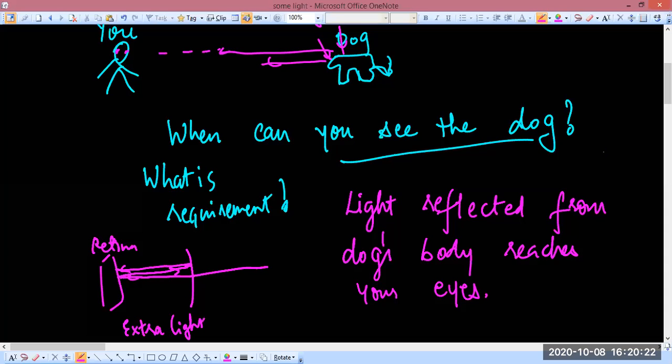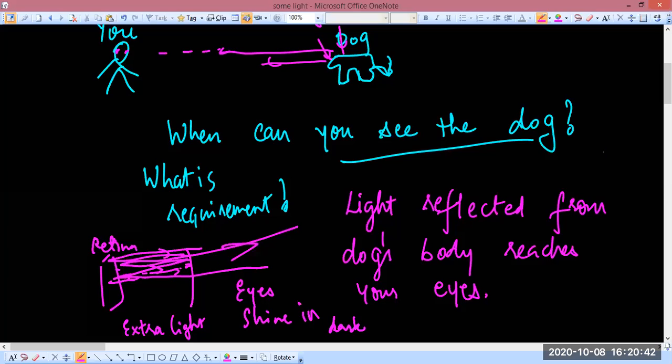Some animals can see in the dark because the inner layer of the iris is reflective. Suppose this is the retina, then in their eyes light will reflect from the retina and come back, so they get a little extra light. I hope you understood that. For human eyes, some light will be reflected off the retina and go away, so we get a little less light. So this is one of the reasons why eyes of animals shine in the dark. Because by multiple reflections the light can be focused. In us that doesn't happen, in us it just goes away in different directions.